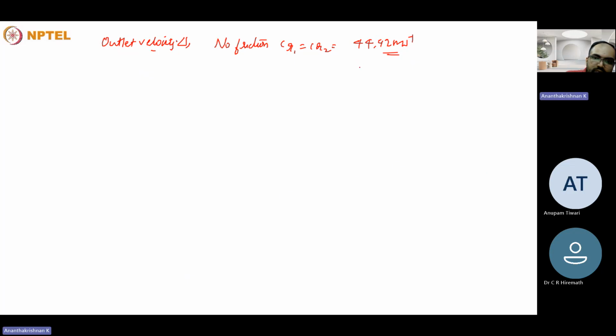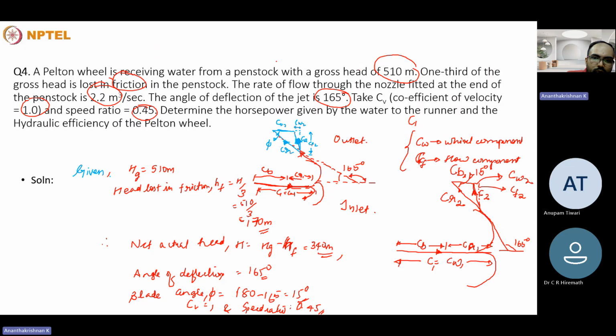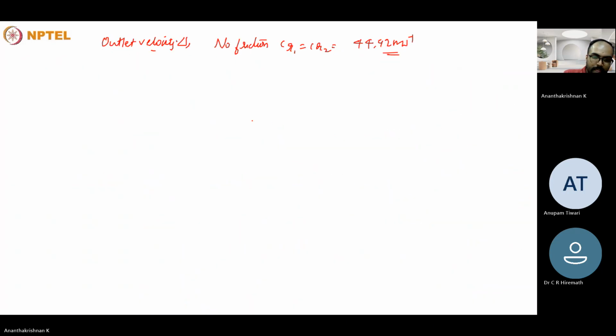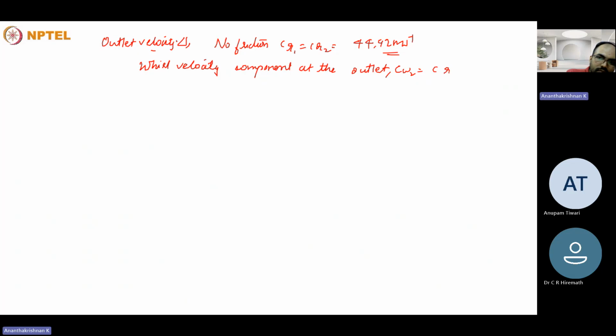The next part, we have to determine the whirl component of the velocity, CW2. We know that will be equal to CR2 cos phi minus CB. The whirl velocity component at the outlet, CW2, will be equal to CR2 cos phi minus CB.